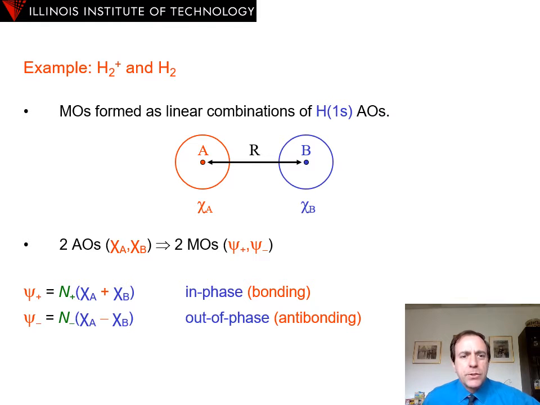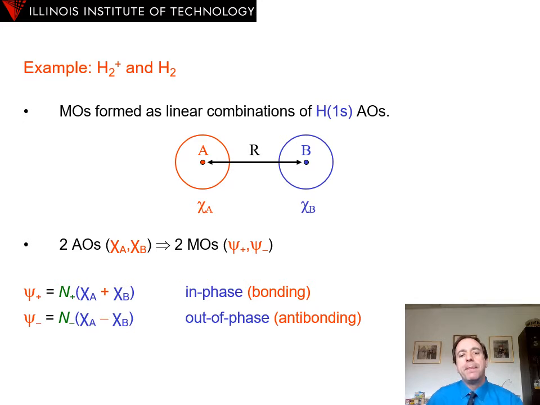Okay, so what's going on? We saw this with our bonding models as well: if we think about this diatomic hydrogen, the molecular orbitals are formed as linear combinations of the hydrogen 1s orbitals.